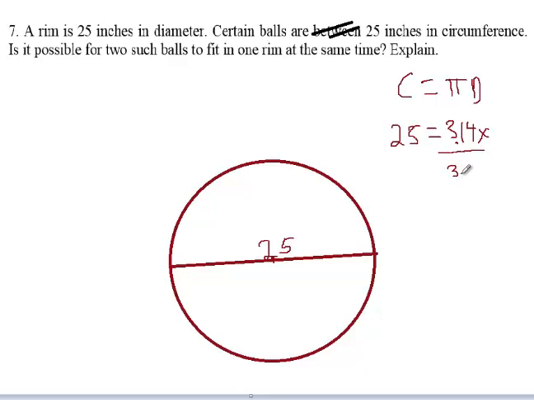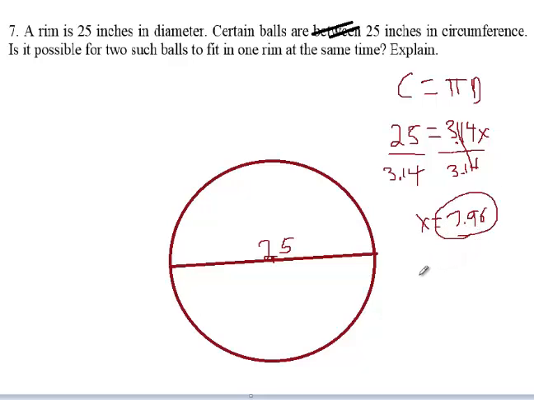To isolate x, we can divide each side by 3.14 like we would in any other equation to figure out the diameter. And 25 divided by 3.14 gives you 7.96. So x is 7.96.